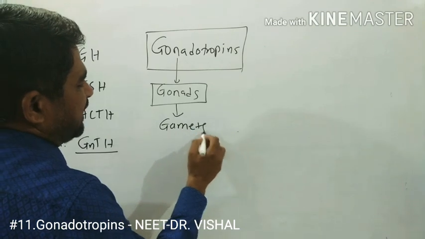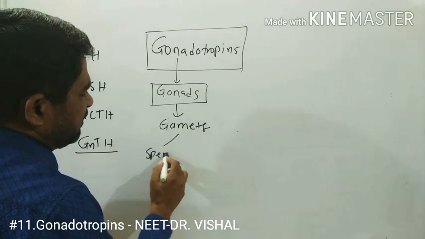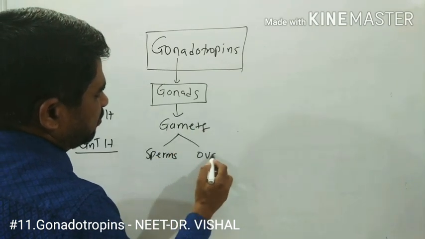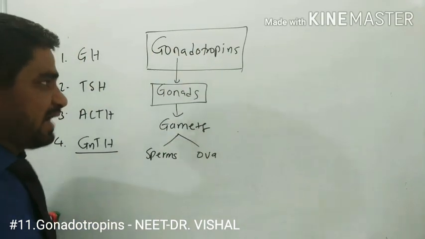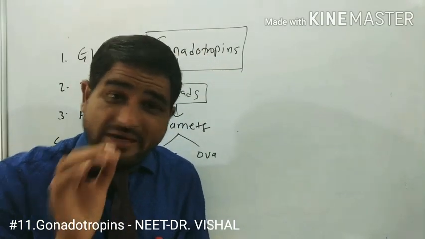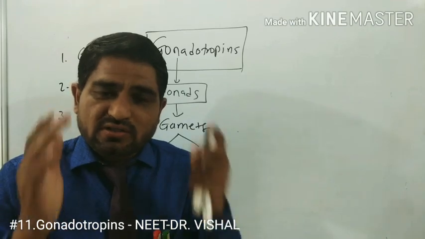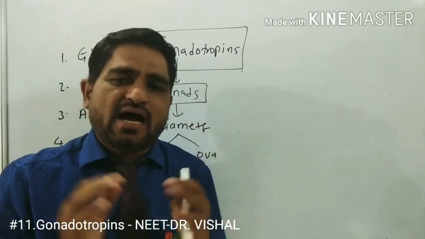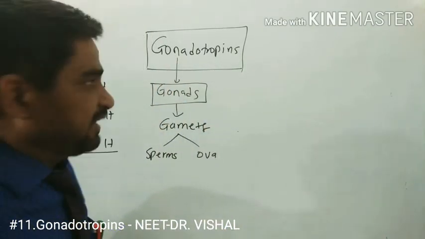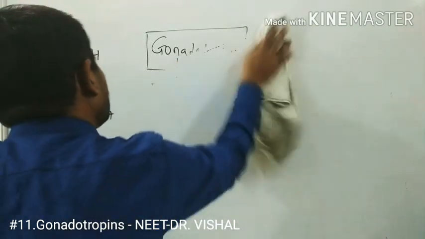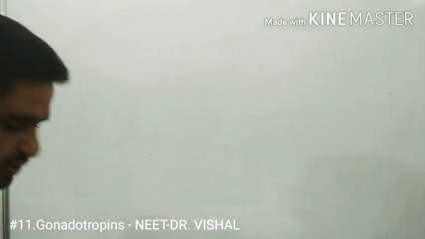The gametes are called sperms and ovum. So these are called gonads, and the hormones of the pituitary gland which control the activity of gonads are called gonadotropins.